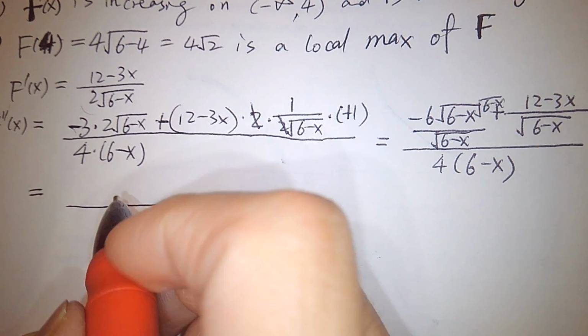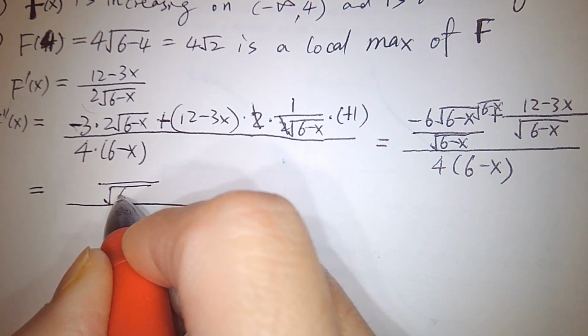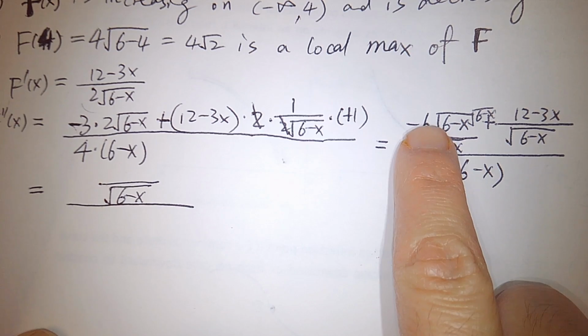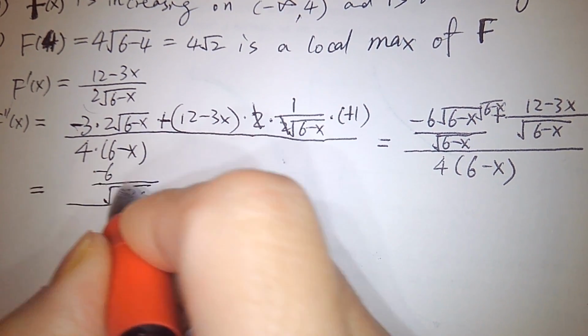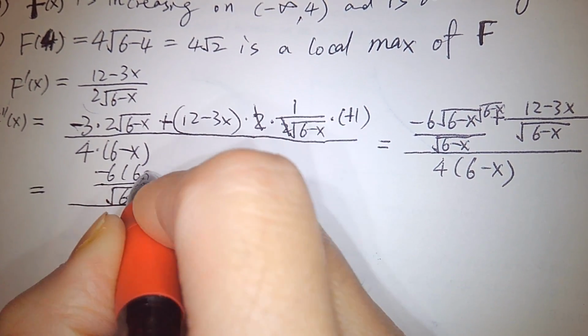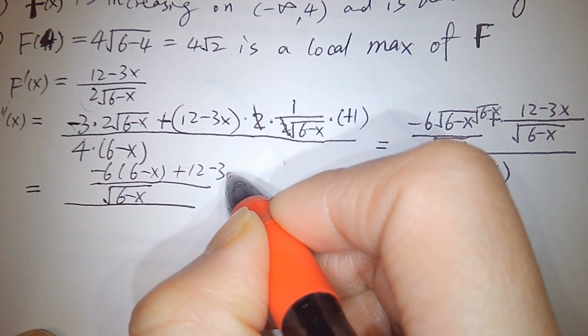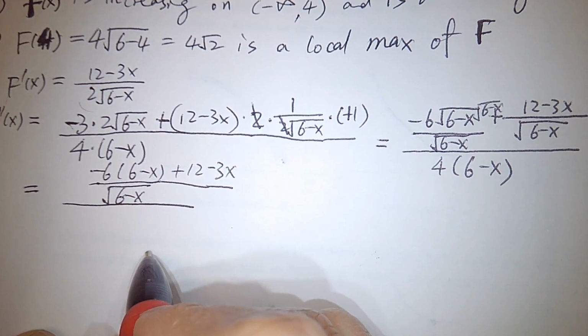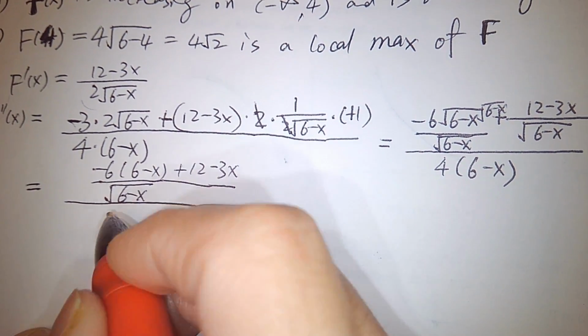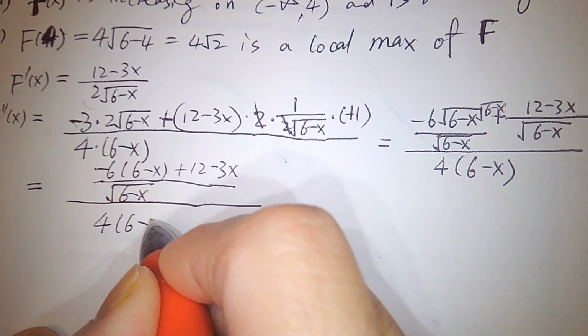Same denominator. On the top, we get negative 6 times 6 minus x plus 12 minus 3x, and on the bottom, 4 times 6 minus x.